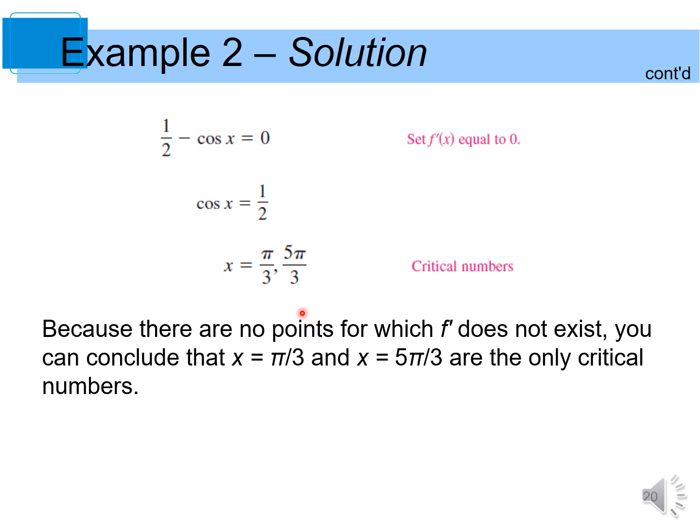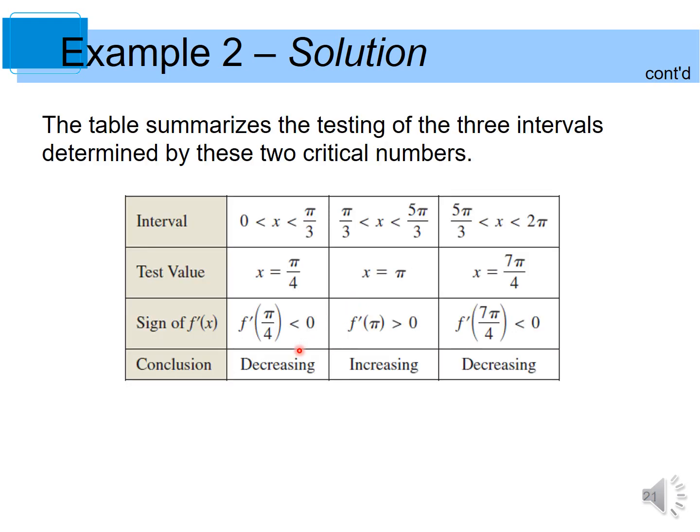Same as in the previous example, since we have 2 points, we will have 3 intervals. The first interval is from 0 to pi over 3, the second interval is pi over 3 to 5 pi over 3, and the last interval is 5 pi over 3 to 2 pi, because the given interval is from 0 to 2 pi only.